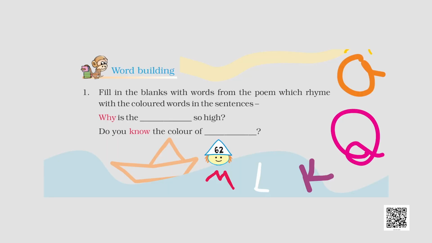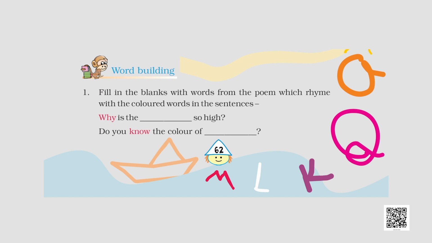Now, in this activity, you will have to fill in the blanks with some words from the poem, but these words have to rhyme with words in red in the sentence.